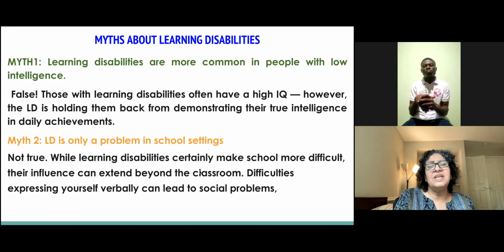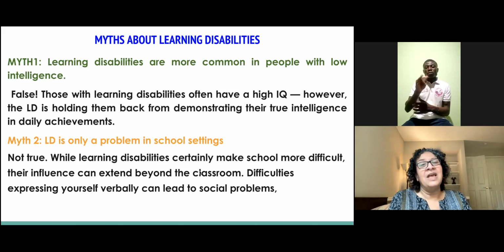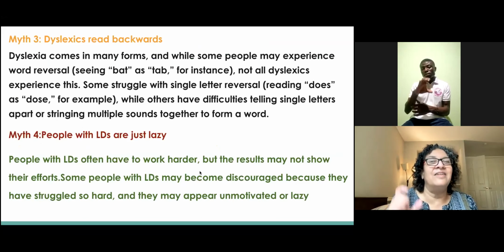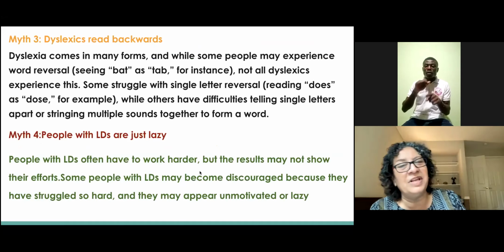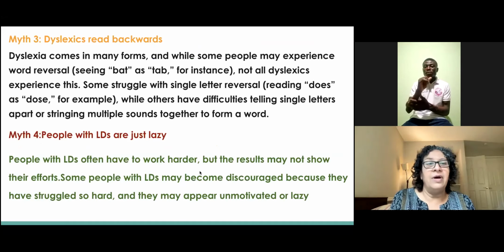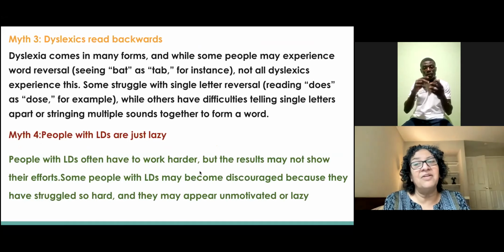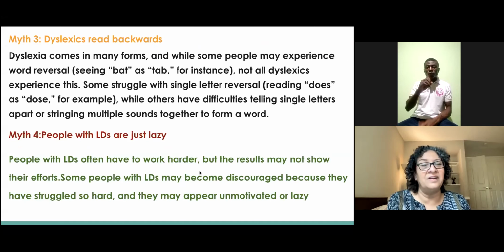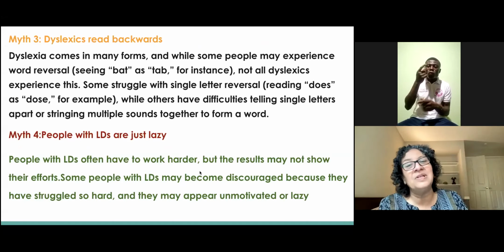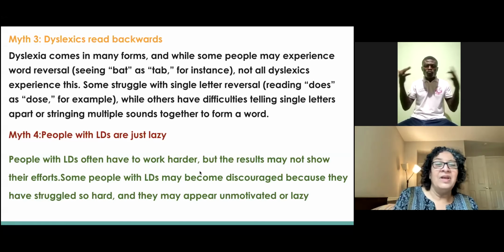Dyslexics read backward? It could be one symptom, but not all dyslexics would be reading backwards. Some struggle with single letter reversals like DOES and DOSE, while others have difficulties telling single letters apart or stringing multiple sounds together to form a word.